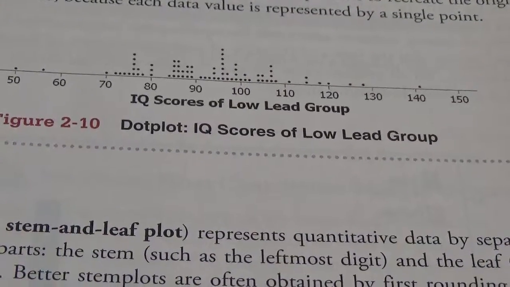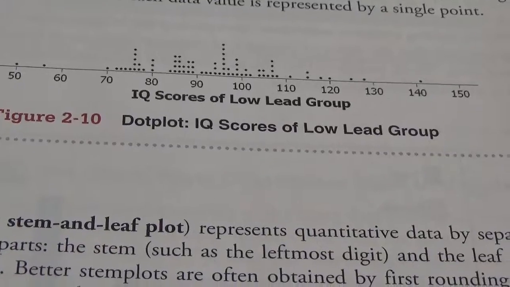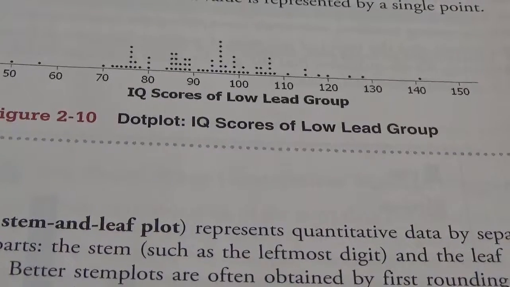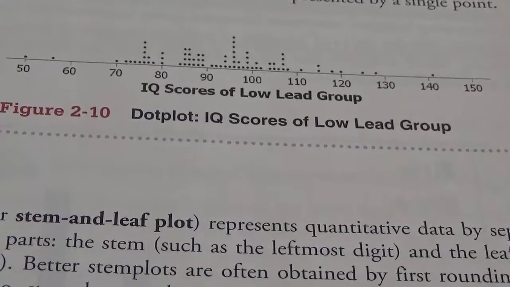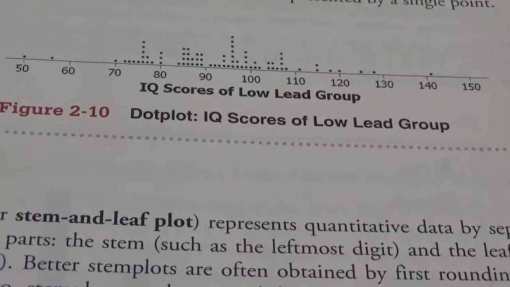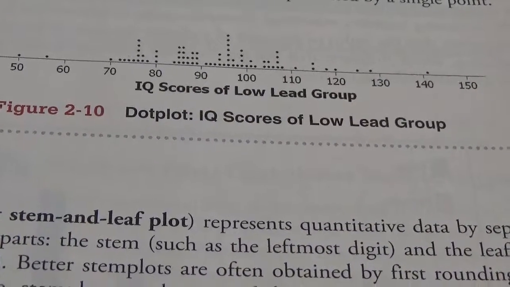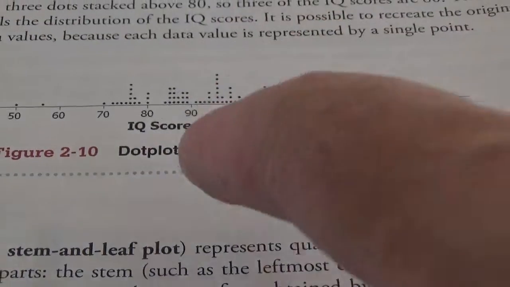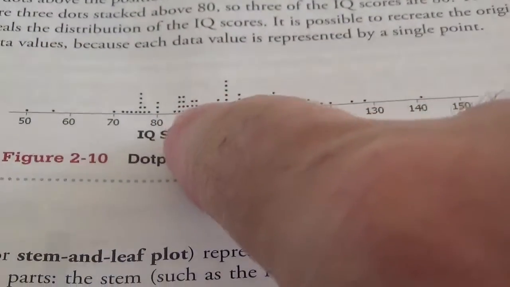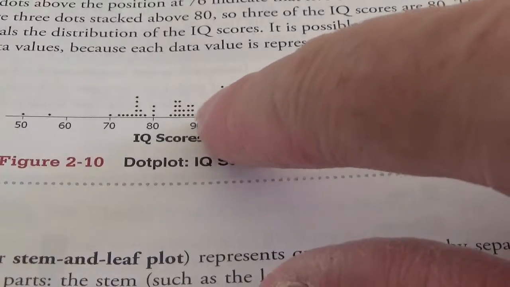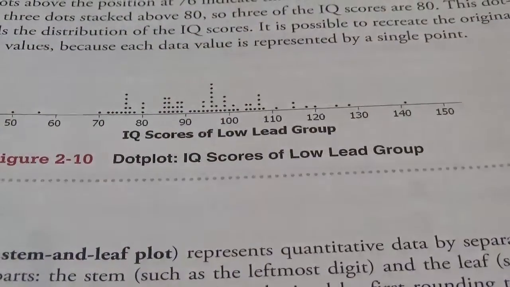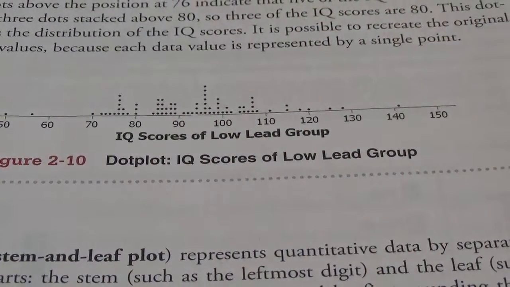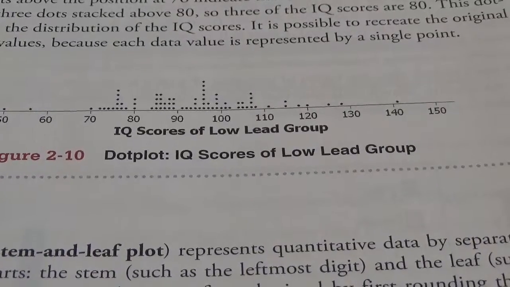And then above each place where the data was shown, this is dealing with IQs in this one, they placed a point above that point. So if it was 89, they put a point just before 90. So 89 would be right, well you can't see because of my finger, right there, right? And so anyway, for any repeats, they stack it on top of each other.